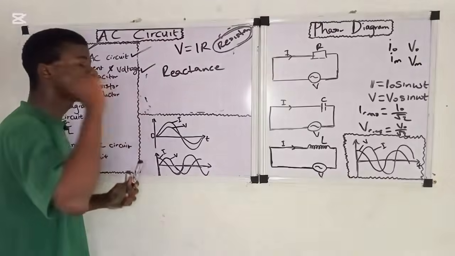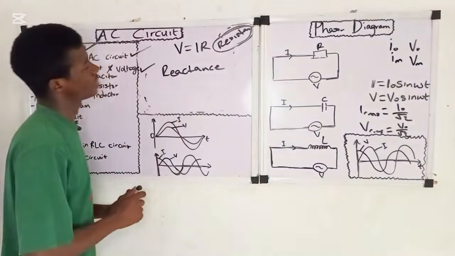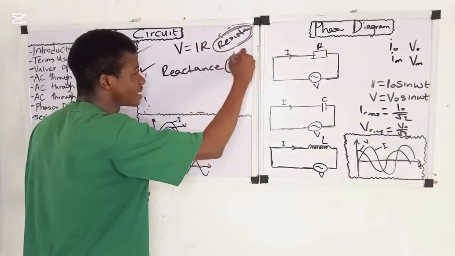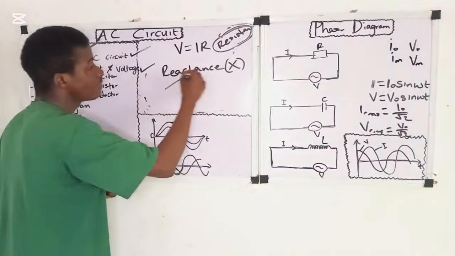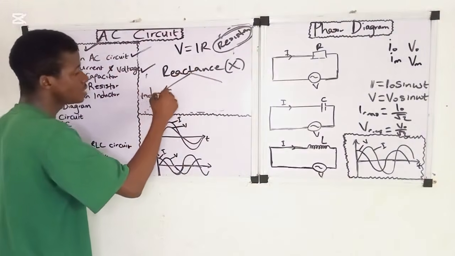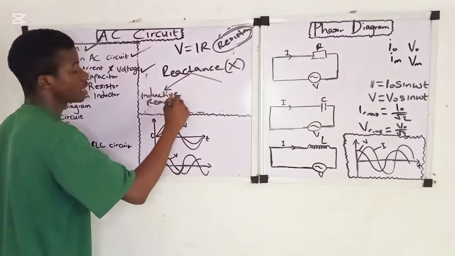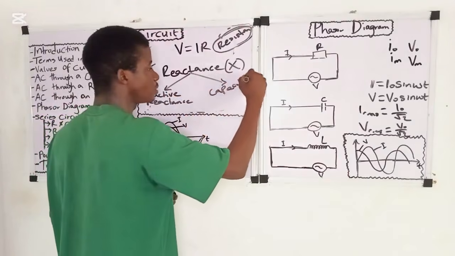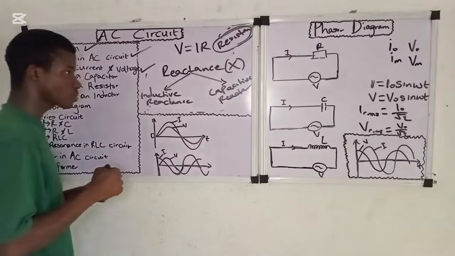Now there's a quantity in AC circuits known as reactance. Reactance is represented by the symbol X. There are two types of reactance: the inductive reactance and the capacitive reactance.